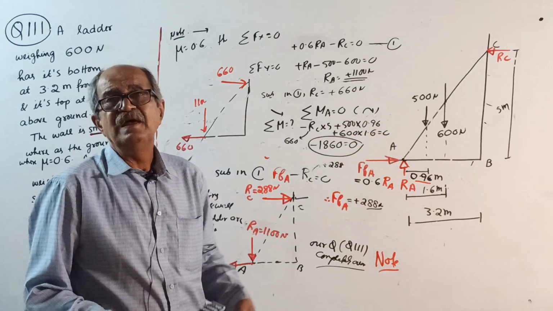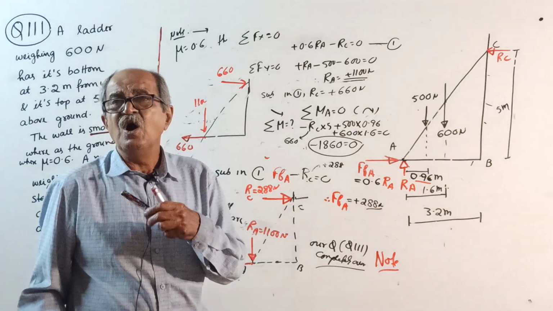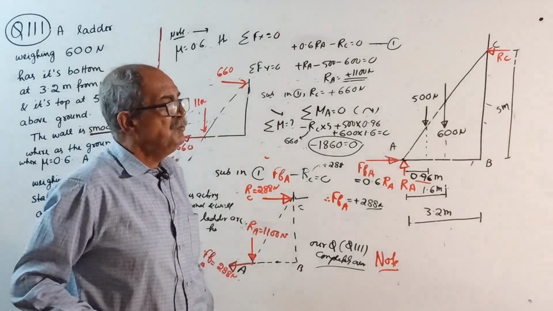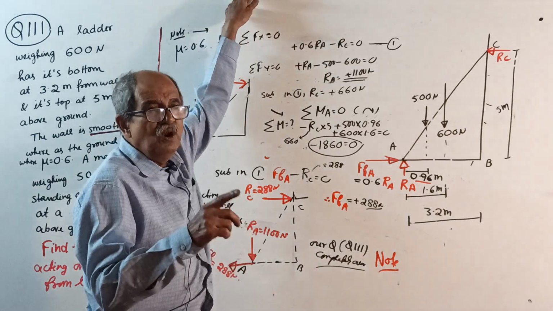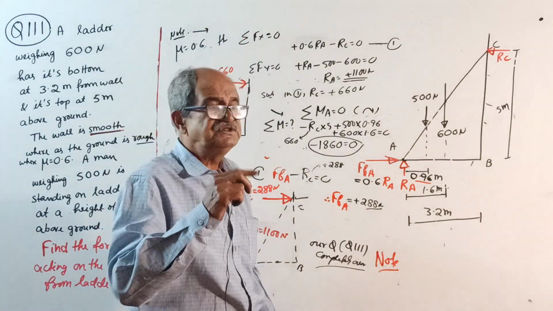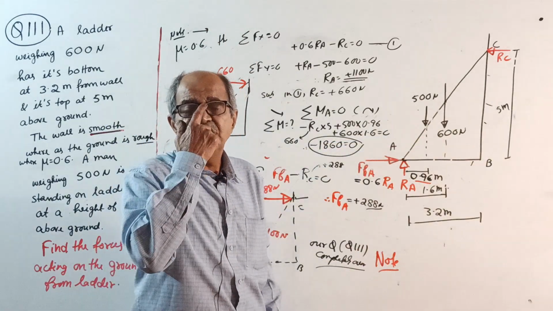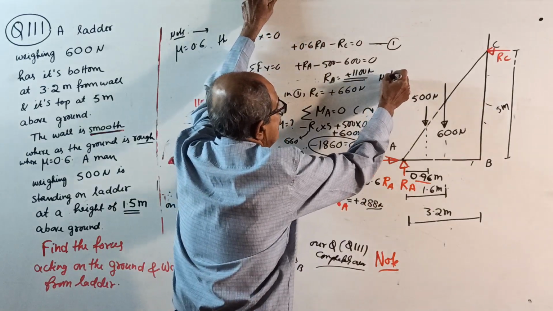So this ladder cannot be in equilibrium, it is a wrong solution, because you took FF equal to mu RA. This is nonsense.